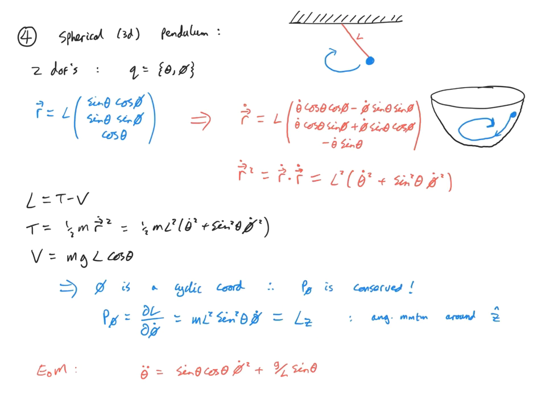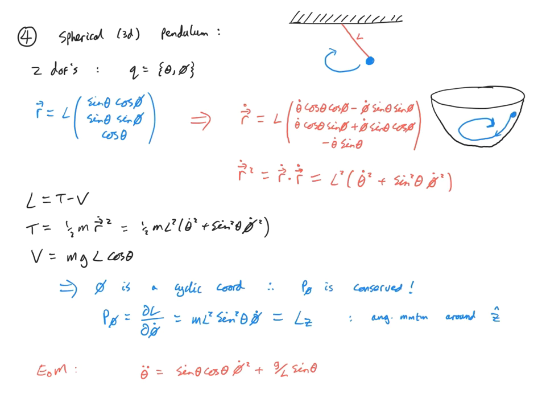So what we can do is actually rearrange this expression for phi dot and substitute it in here. That will eliminate all of the phi dependence from this equation, leaving only things involving theta, m, l, and Lz, which is a constant. That means this equation then becomes easy to solve. Or I should say, easier to solve.